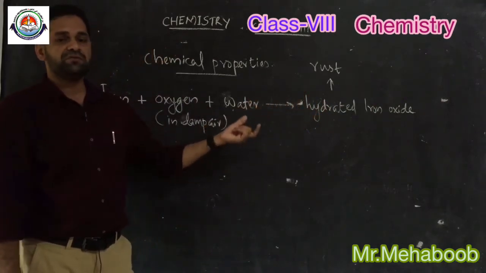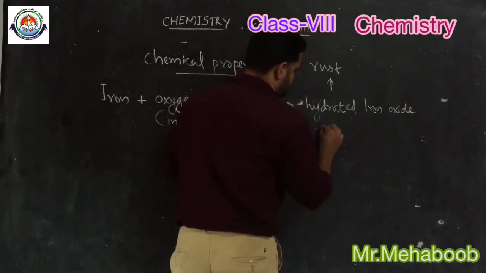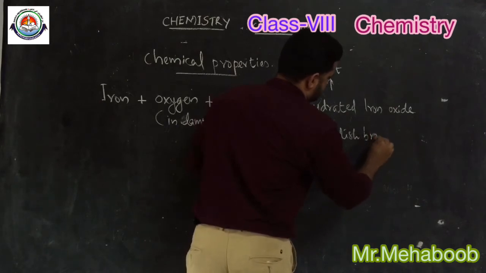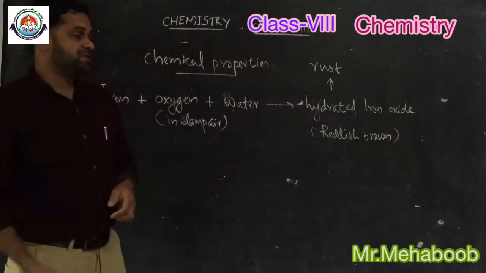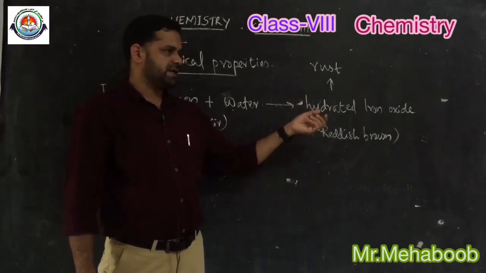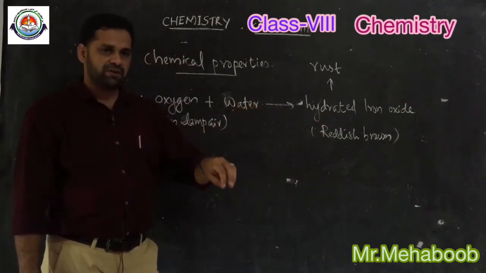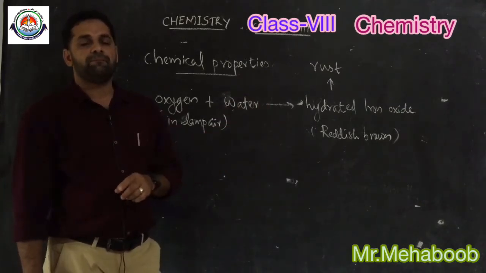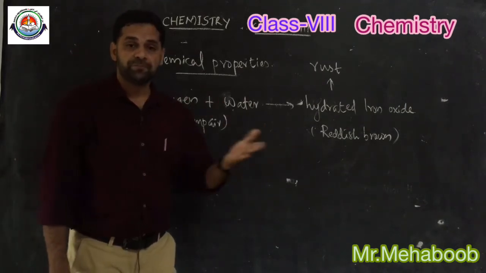When we dissolve this hydrated iron oxide, it has a reddish brown color. This reddish brown flaky substance, when we take a small amount and dissolve it in a small amount of water and shake it well, and then dip a red litmus paper, you can see that red litmus paper changes into blue.